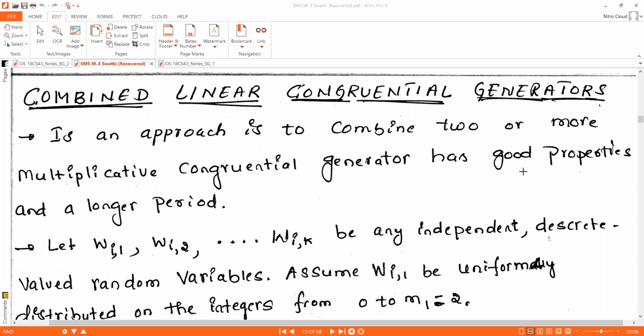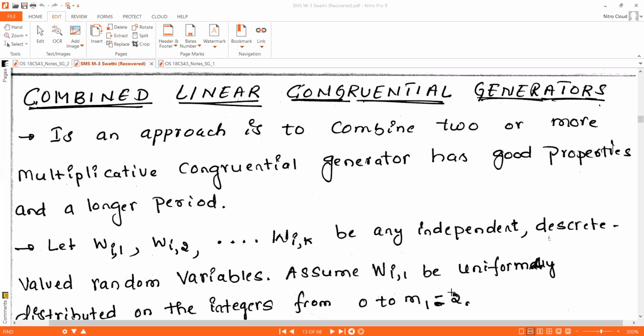Let's say Wi,1, Wi,2, up to Wi,k are independent discrete random variables.